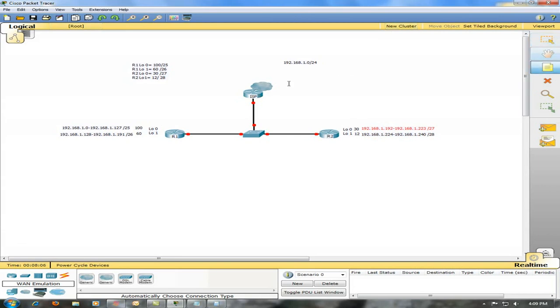This ISP up here, he has a public address, so he's going to be 188.64.72.80. I'll just make it easy, 0. So that's the ISP's address.